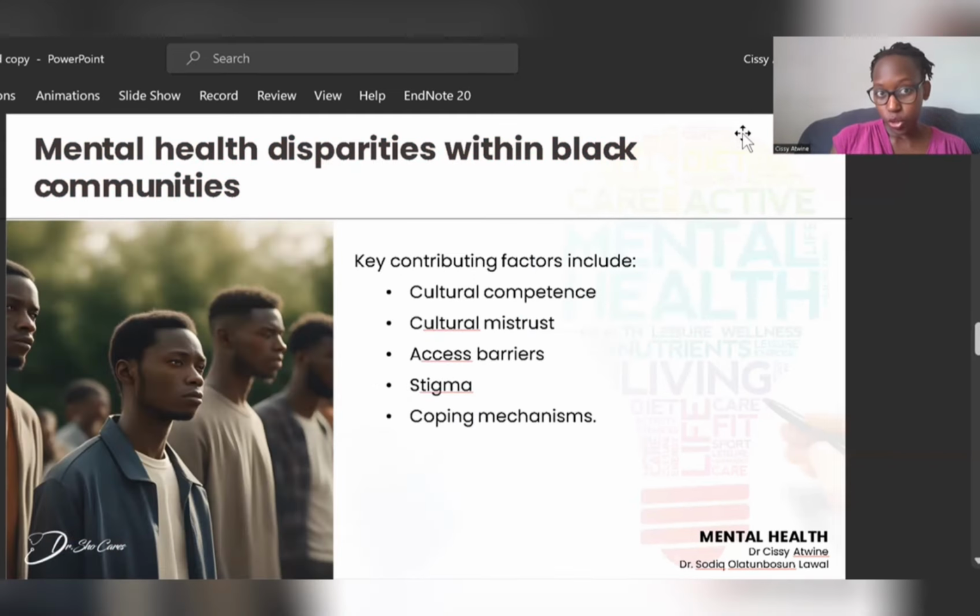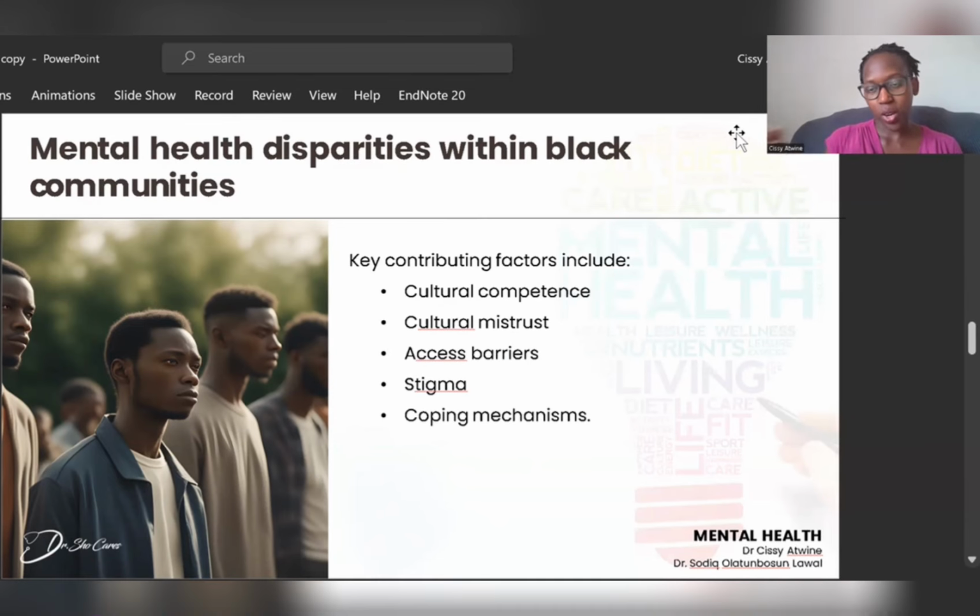One of the factors contributing to these mental health disparities within Black communities is cultural competence, or incompetence really, of healthcare providers. If healthcare providers are not culturally aware of the issues that affect Black people, they might, for instance, see some things and call them disorders when actually it's just difference, and being different is not a disorder.